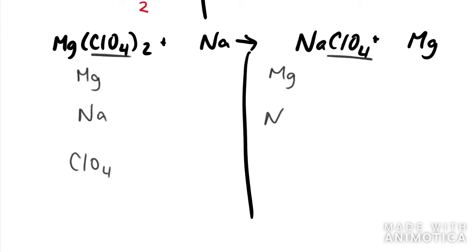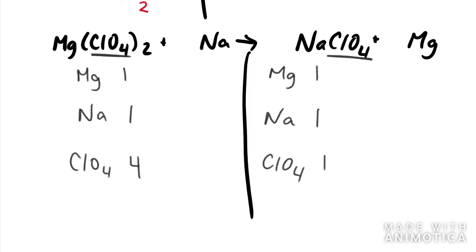Mg, Na, ClO4. Okay, now let's start counting. We have 1 magnesium on this side, we have 2 of our chlorates, and we have 1 of our sodium. This side we have 1 sodium, 1 of our polyatomic, and 1 of our magnesium.